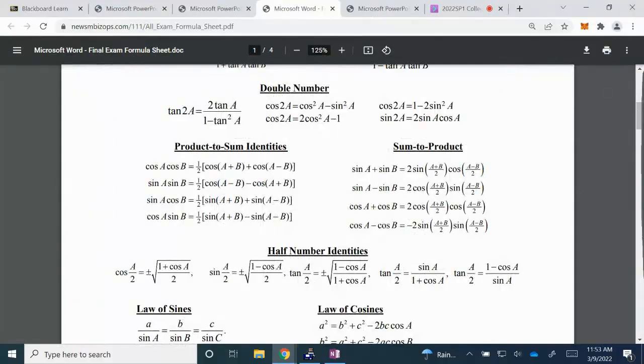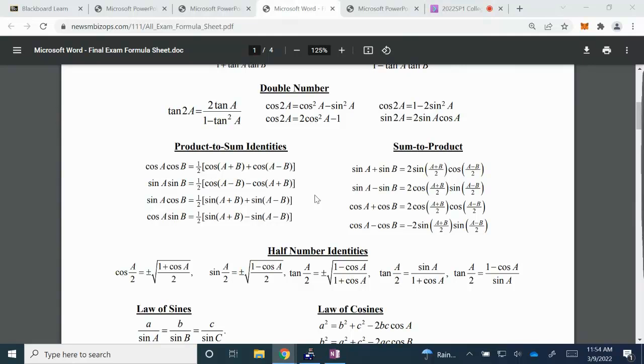All right, so looking at the formulas, we see that the third formula is a cosine plus another cosine type formula. So I'm going to write that down.